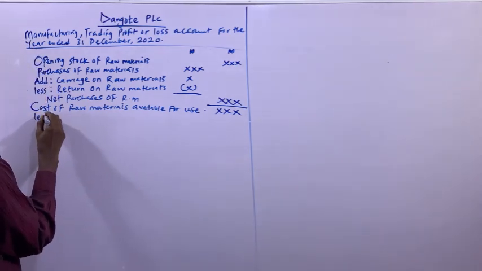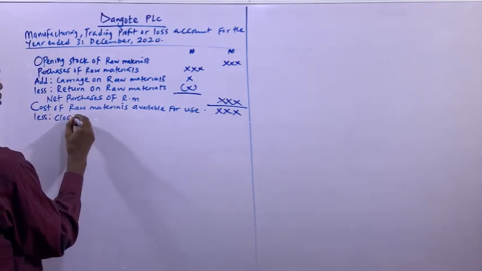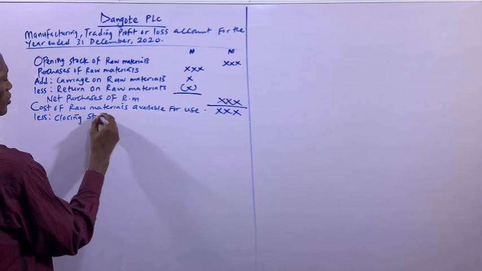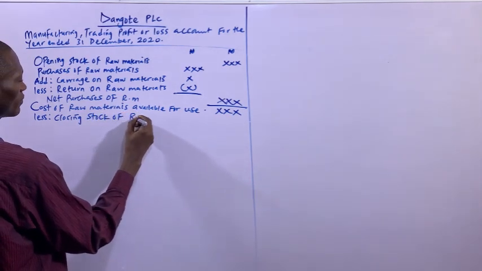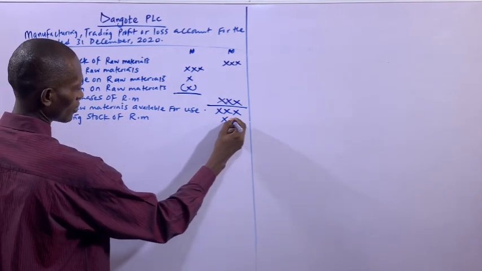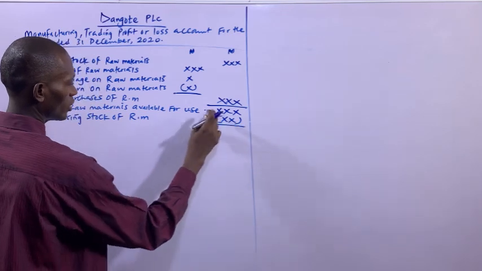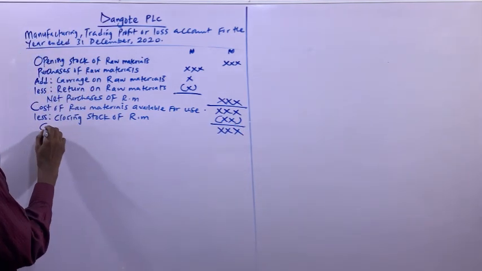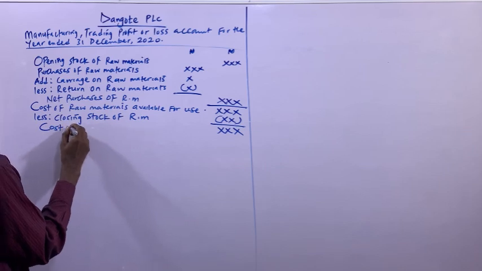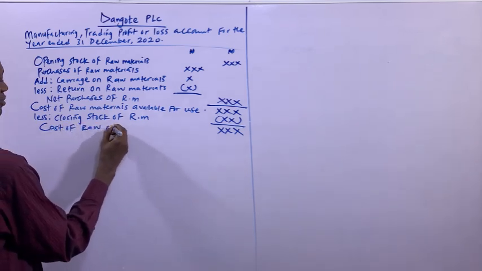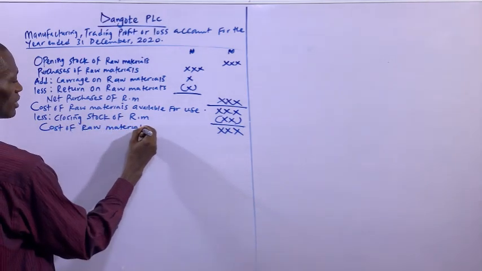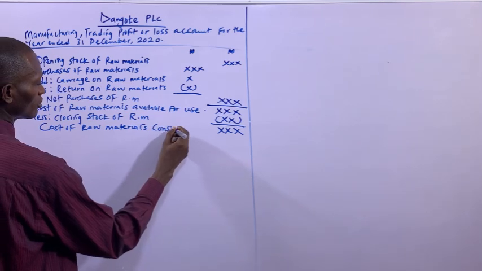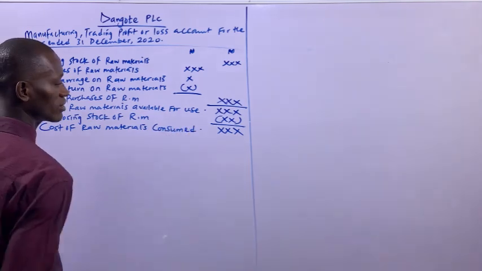Then we less closing stock of raw materials. When you less this from this, we call this the cost of raw materials consumed.